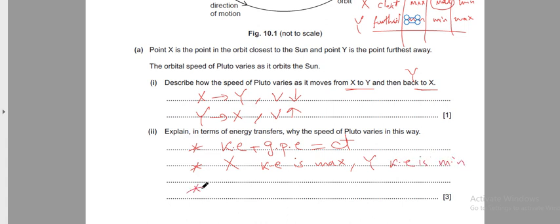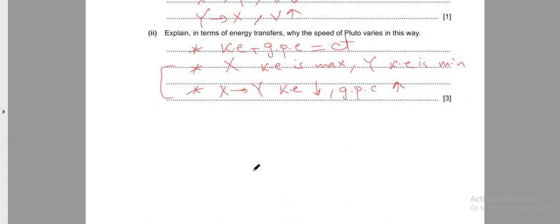So from X to Y kinetic energy decreases and gravitational potential energy increases. You can repeat the same two lines from Y to X, with respect to gravitational potential energy.